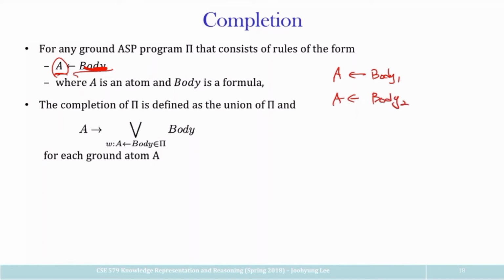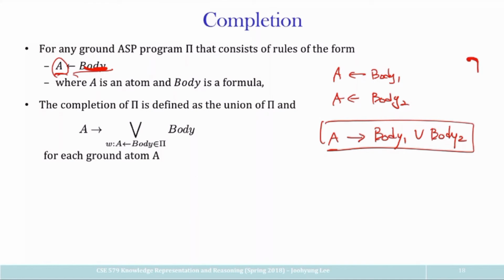Then the completion is this formula: starting with A, going in reverse, and a disjunction over all such bodies. This is called the completion formula, and the whole completion is all such formulas.